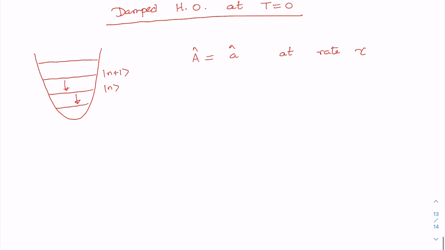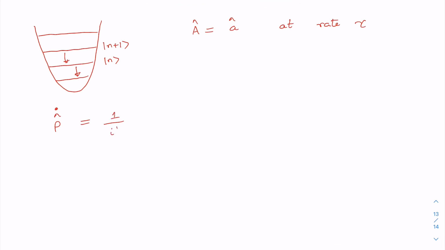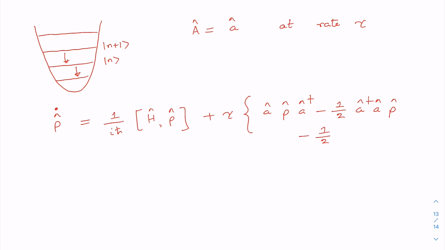The Lindblad master equation in this case we can write as d rho by dt equals 1 by i h-bar H rho, where H is the Hamiltonian of the harmonic oscillator, plus gamma, the decay rate, times a rho a dagger minus half a dagger a rho minus half rho a dagger a.